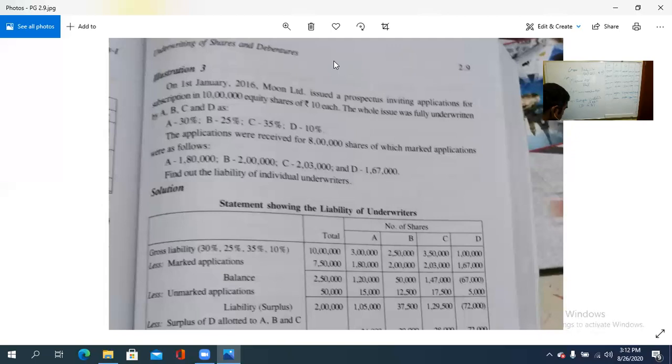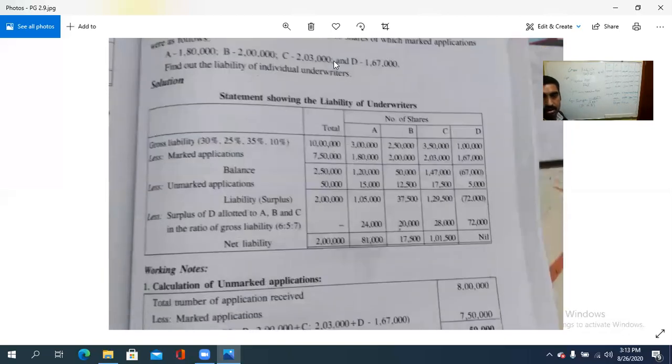Then how much is it? 1,05,000 minus 24,000 is 81,000. Then 37,500 minus 20,000 is 17,500.